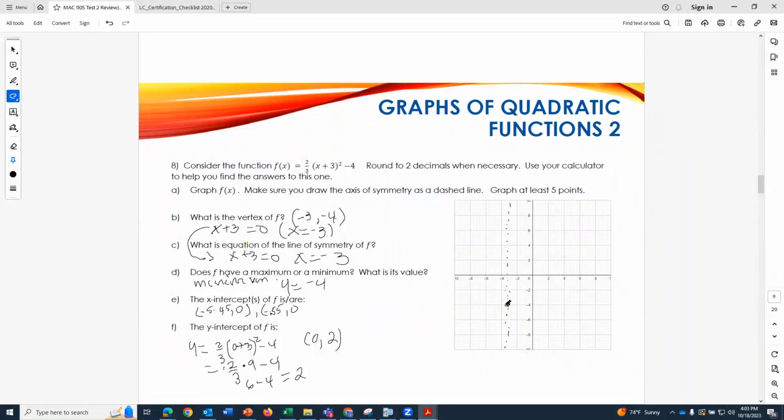Okay, we get it. And we have -5.4 something here, and -0.55 over here. And when x equals 0, y equals 2.